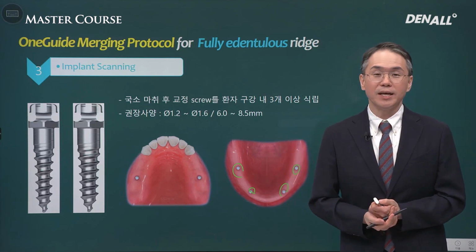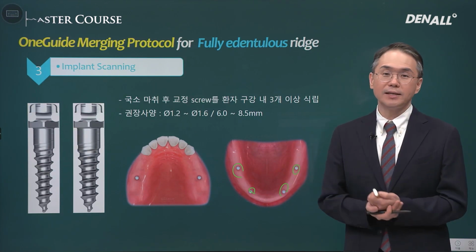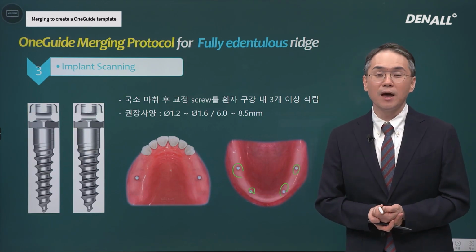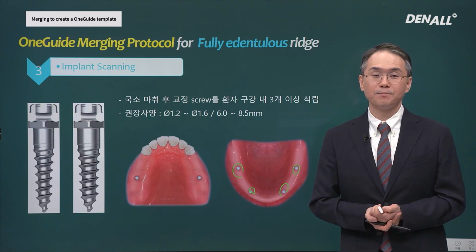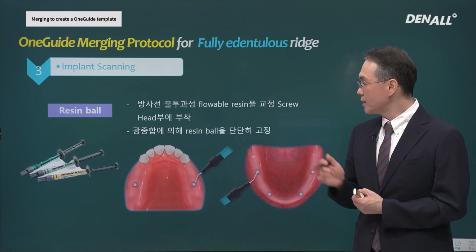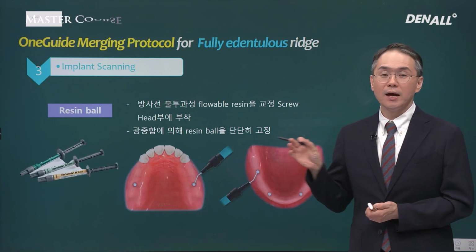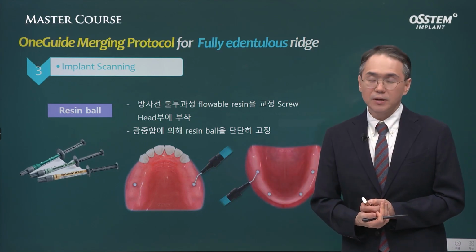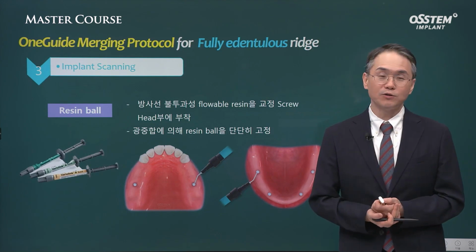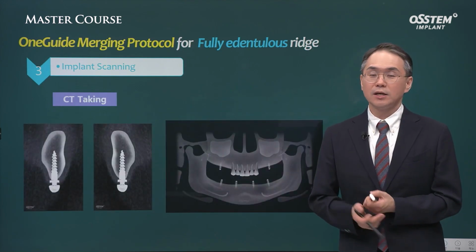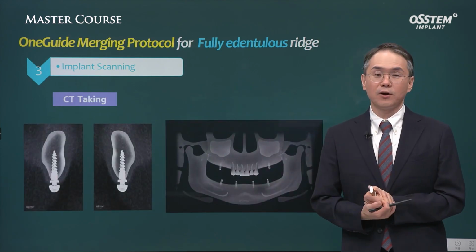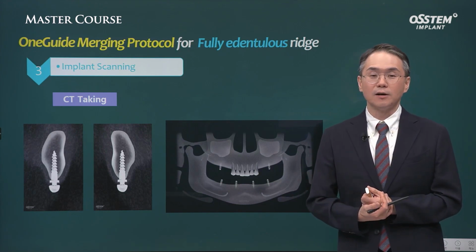You use this driver to place the orthodontic screws. You do not need to prepare a surgical engine and handpiece, so it's more convenient after placement. On top of the head of the orthodontic screw, you can fixate the flowable resin in the form of a radiopaque marker. Then CT will be taken and impression will be taken.